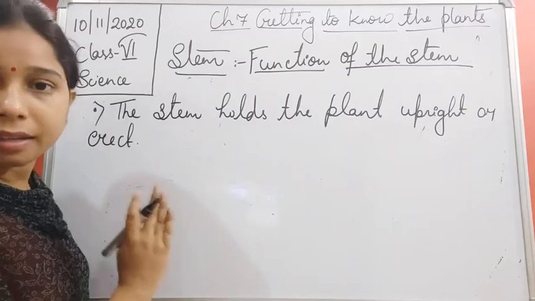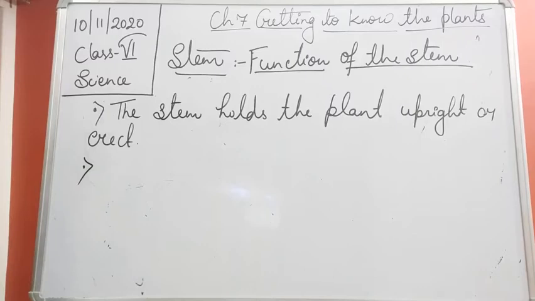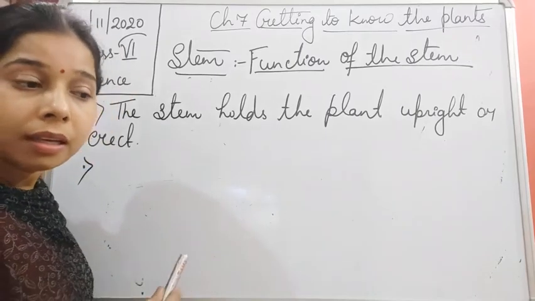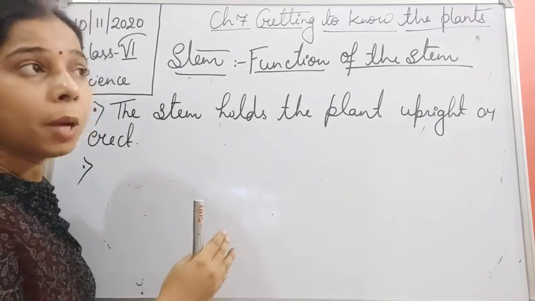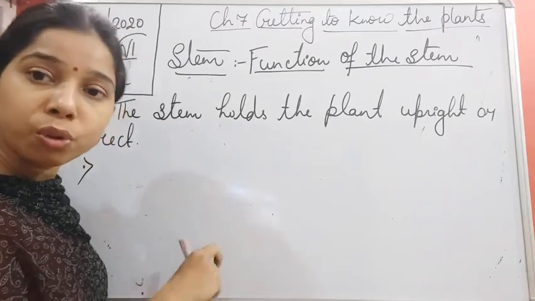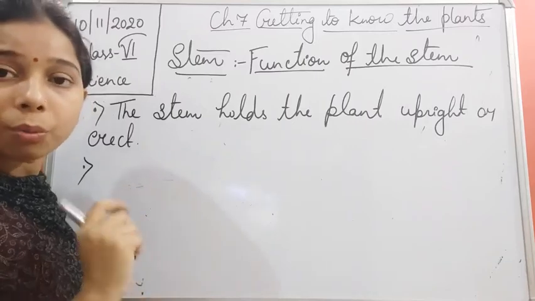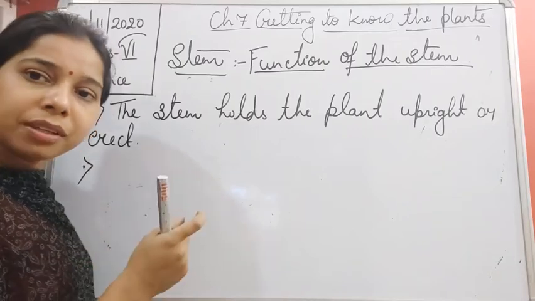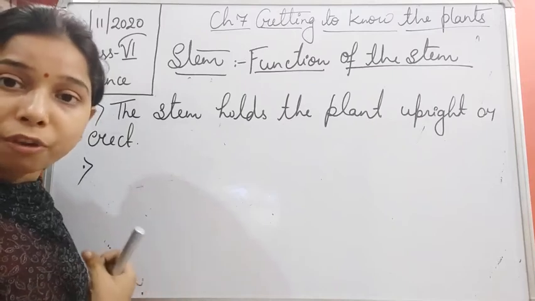It is because of the stem only, students, that the plant stands upright or erect easily. If we see the second one, students, the important function is not only making the plant stand upright, but carrying things from the root to the leaves, and from the leaves to the different parts of the plant. How? You see, students, the roots have the function of absorbing water and minerals from the soil.